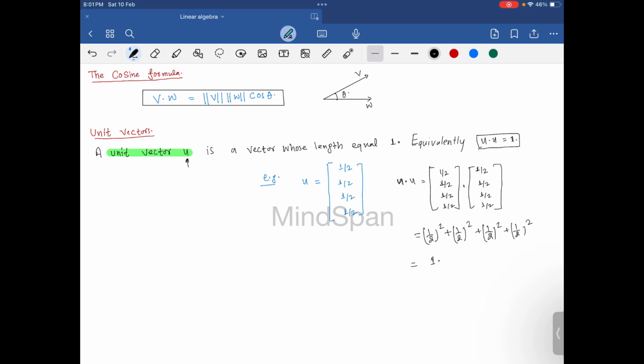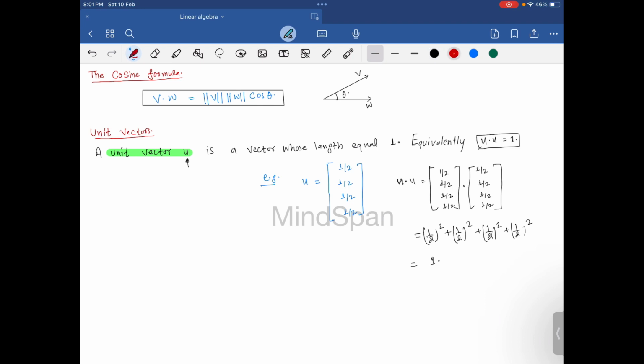Now sometimes you will be asked to find the unit vector in the direction of some vector. Let's suppose you are given this vector v, and you will be asked to find a unit vector in the direction of v. Then in this case, how will you find that? So let me first write down the problem.